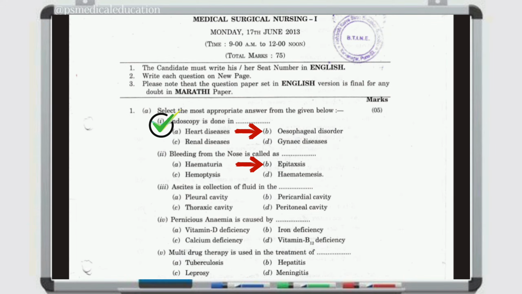Answer is B. Next, ascites is collection of fluid in the peritoneal cavity. Answer is D. Pernicious anemia is caused by vitamin B12 deficiency. Answer is D. Next, multi-drug therapy is used in the treatment of tuberculosis.